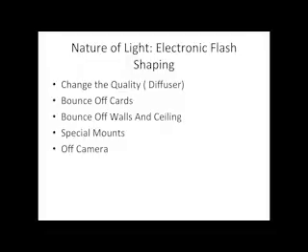With electronic flash, we can shape the light. We can change the quality. We can bounce the light off of things to change the size of the light source. Cards, we can bounce the light off the ceiling or walls. We can put the camera on special mounts. And even lately, for probably 7 or 8 years, there's been a real big push to take these speed lights, small little camera mountable lights, and rig them up on light stands with modifiers so that you can put them off camera somewhere.